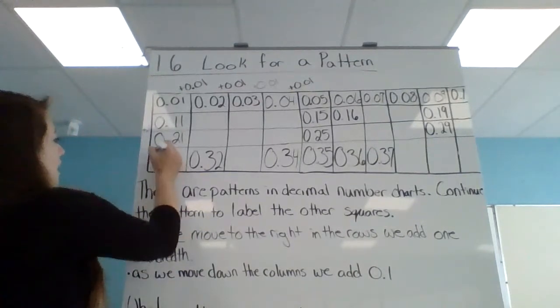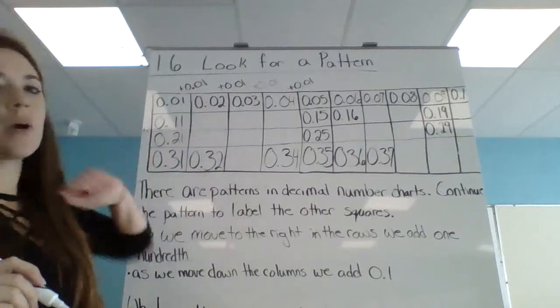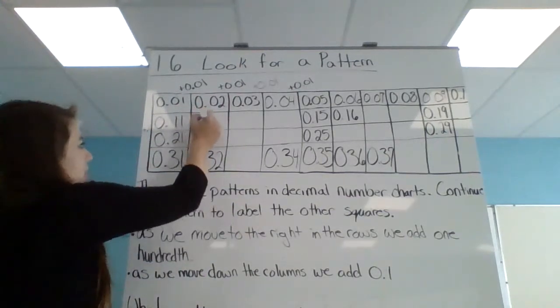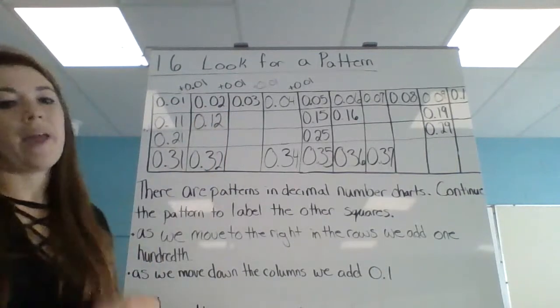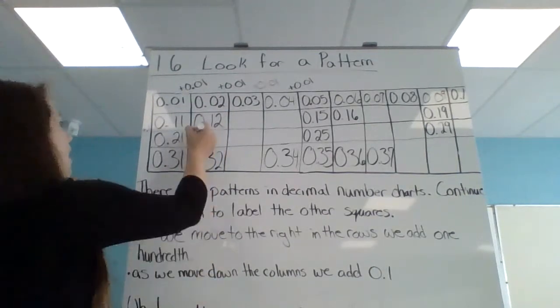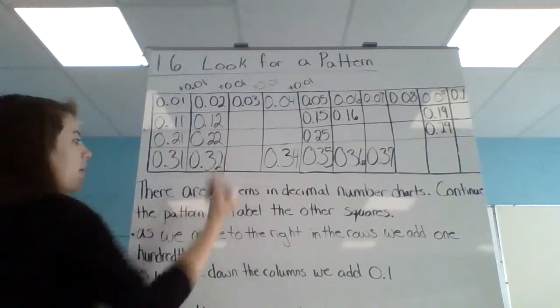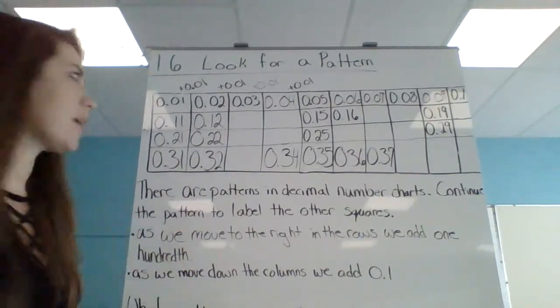So the next one down will be 3100ths. So we go to our next column. We have 200ths. We add a 10th to that, so we end up with 1200ths. We add another 10th to that, and we end up with 2200ths. And our last row is 3200ths, which is accurate.